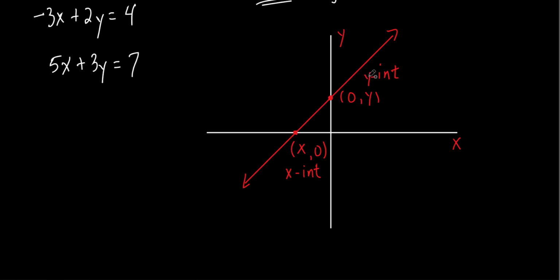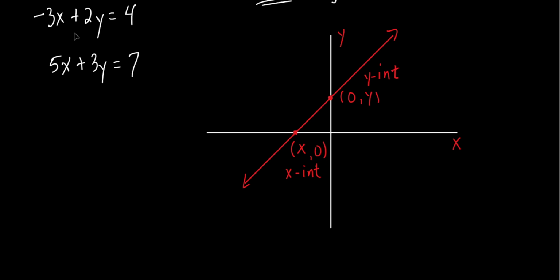Okay. So the y-intercept, what is 0? The x or the y? Oh, sorry. The x is 0, right? So to find the y-intercept, you're going to set the x equal to 0. In order to find the x-intercept, you're going to do what? Set the y equal to 0.